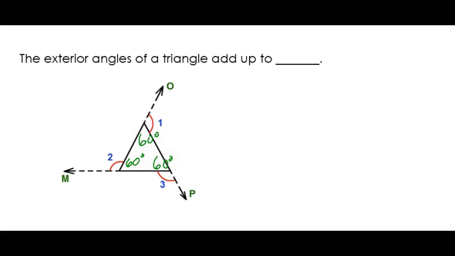If I'm using my supplementary angles, I know that this whole straight angle right here has to be 180 degrees. So I can find out this little bit, angle 1 right here, by saying 180 degrees minus the 60 degree part. That tells me that angle 1 has to be 120 degrees.